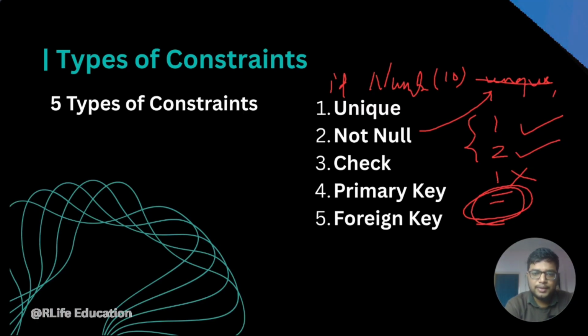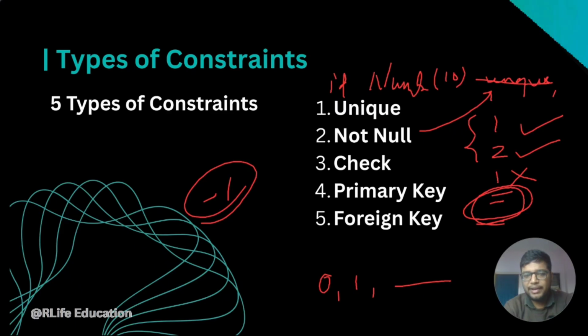Then check. What does check mean? Assume I declare id as -1. An id doesn't look like this. Basically an id starts from 1 or 0, like 0, 1, 2, something like this. If I assign some id like -1 or -2, I should not be able to assign this type of thing.